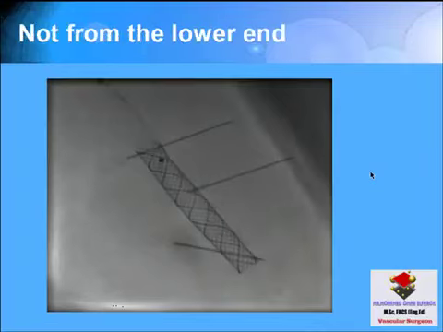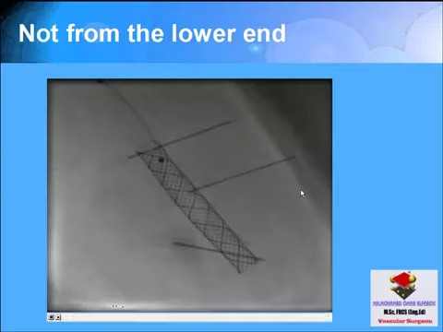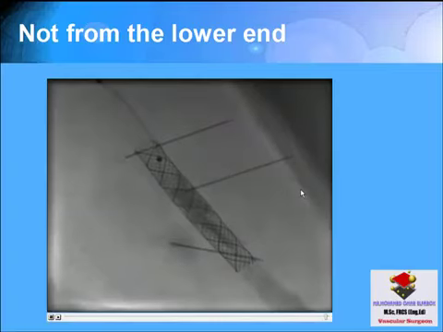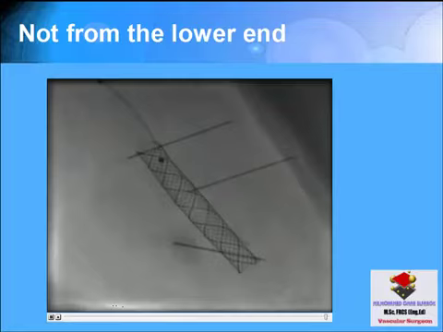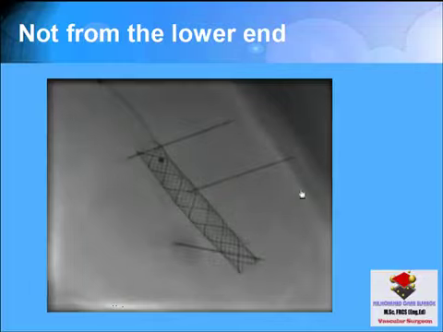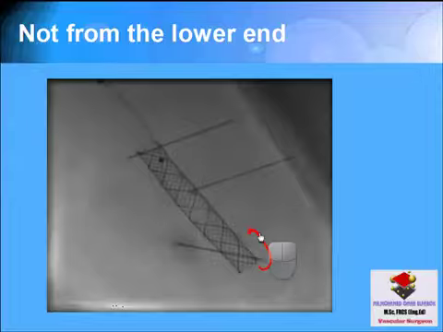So we said fine, we're going to inject the dye from inside the endograft, from inside the channel of the balloon, and you can see here that the channel goes nicely and there is no endoleak, at least from the lower end going up.